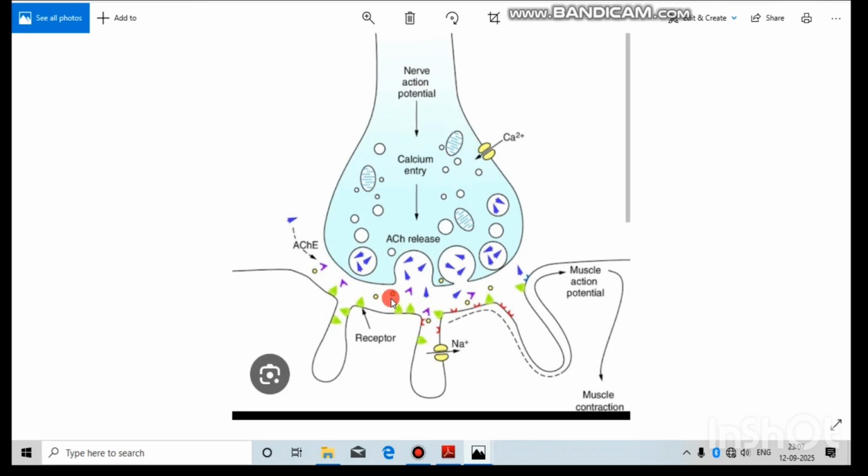Sodium will start entering the muscle end, and as soon as sodium enters, potassium will start exiting. When the sodium reaches a threshold, the calcium present in the T tubules will be released, and it will bind with the actin and myosin part, that is the sarcomere, and then movement occurs.